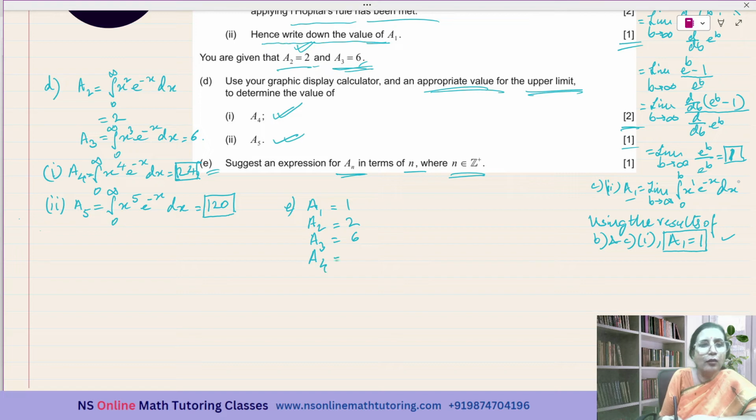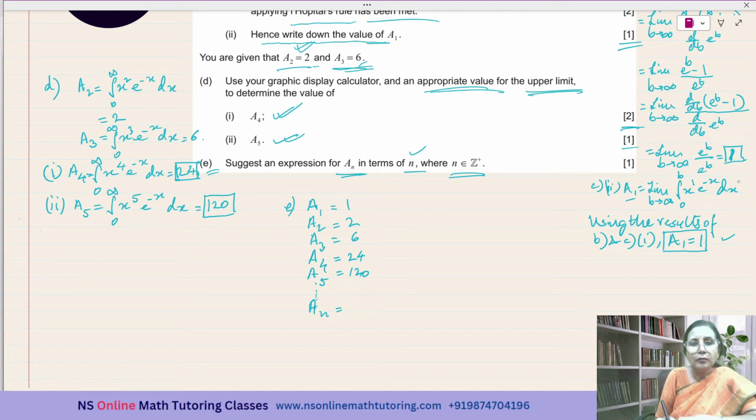A4 is equal to 24. A5 is equal to 120. There may be some rows, there may not be some rows depending on the value of n. And we need to get the expression for An because we'll definitely not be getting a numerical value. We do not know the value of n. So we'll be getting an expression in terms of n.